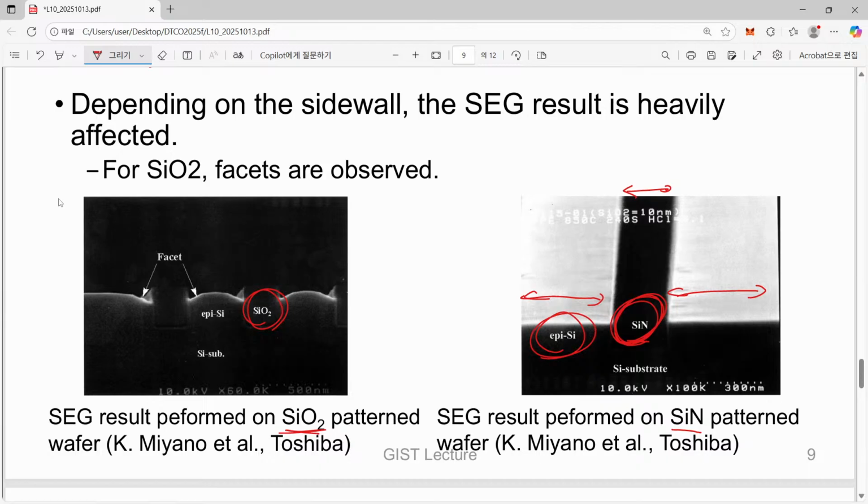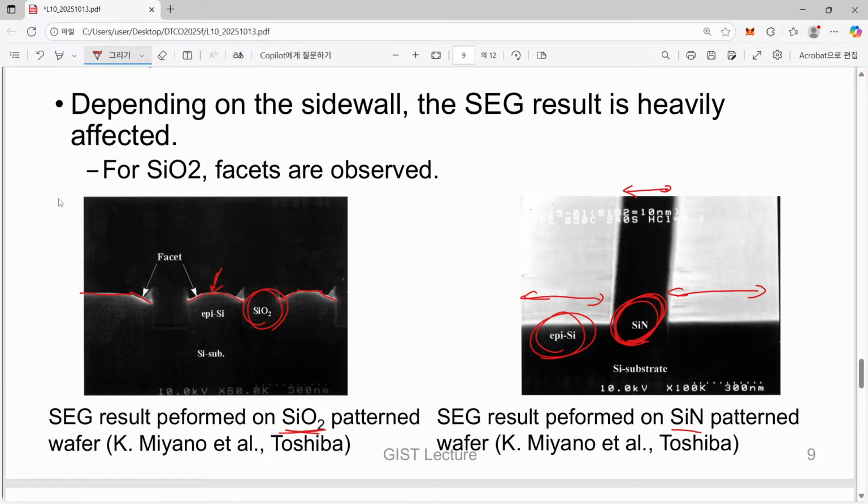You can clearly see that here we have certain behavior, and also you have certain behavior here and here. It means that when your silicon is just attached to silicon dioxide, that part is not growing as fast as the bulk point.